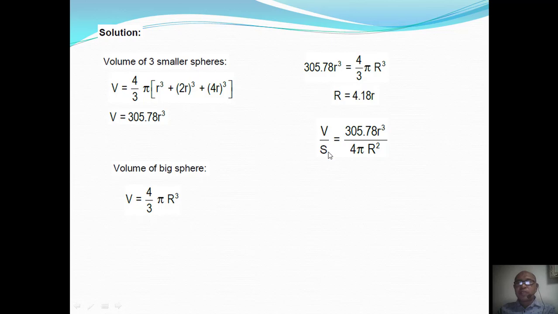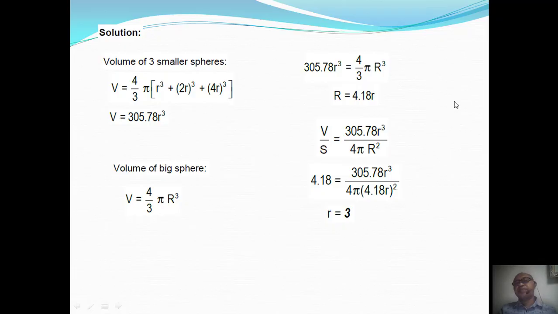So volume over surface area is 4.18, equal to 305.78 r cubed over 4 pi times (4.18 r) squared. So r cubed and r squared here cancel out partly, and the only unknown in this equation is the small radius r. Solving, we obtain 3.